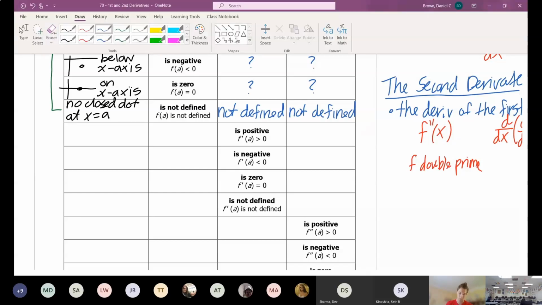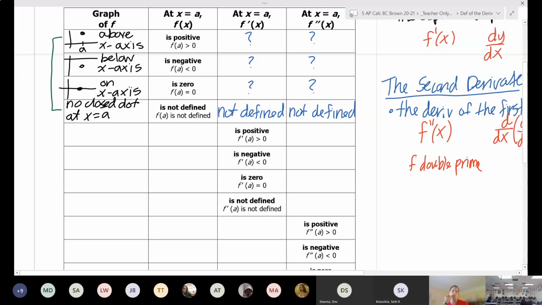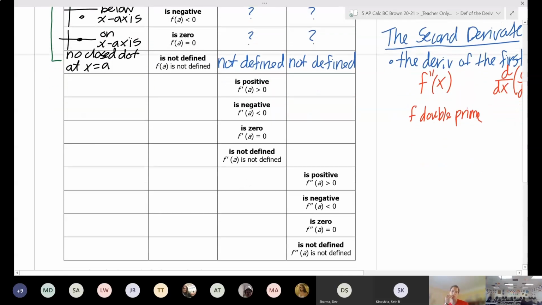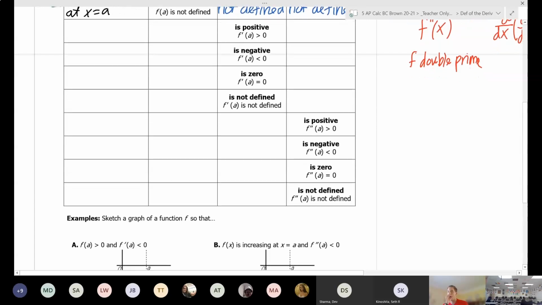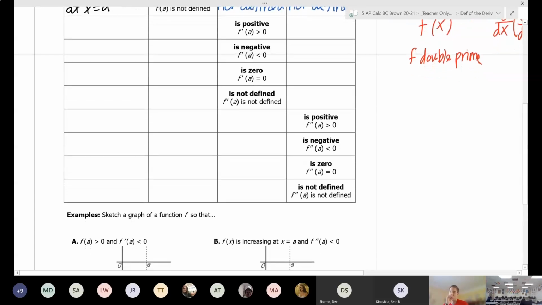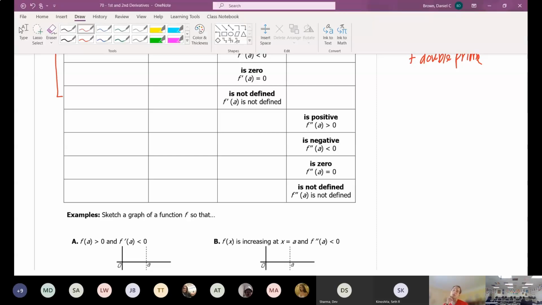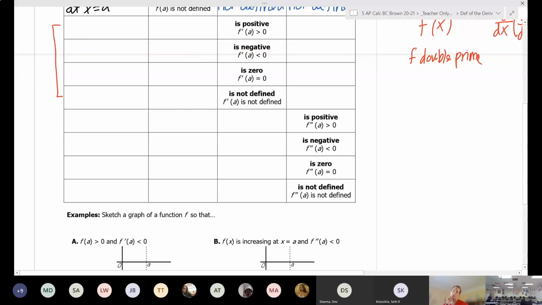Where the calculus is going to come into play is going to be in these next four rows. And this will be kind of a good review of yesterday. So yesterday we talked about the first derivative, and we saw four cases of what that first derivative could be. That first derivative could be positive, that first derivative could be negative, it could be 0, or it could not be defined.